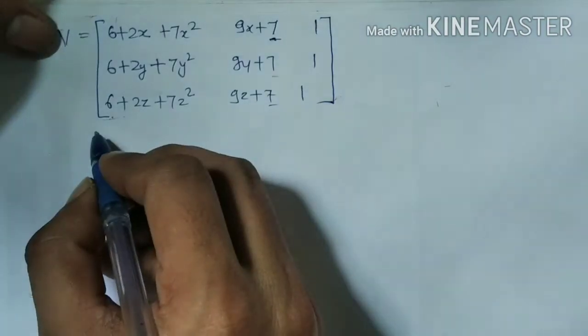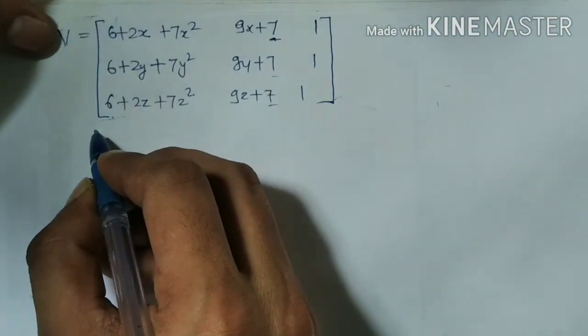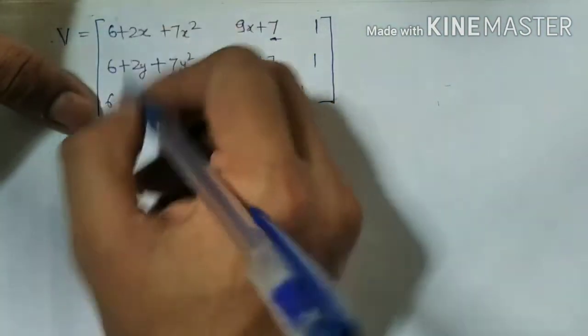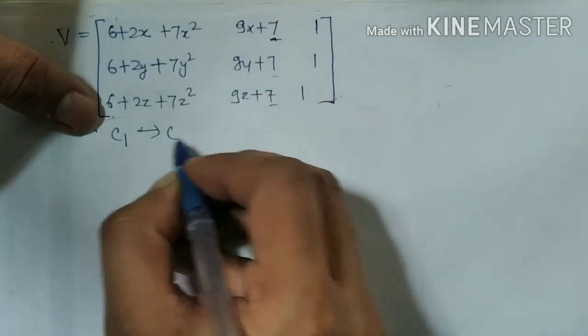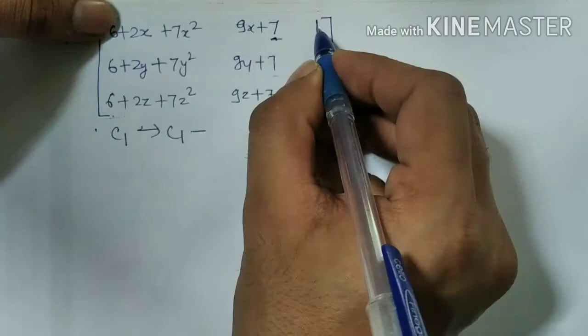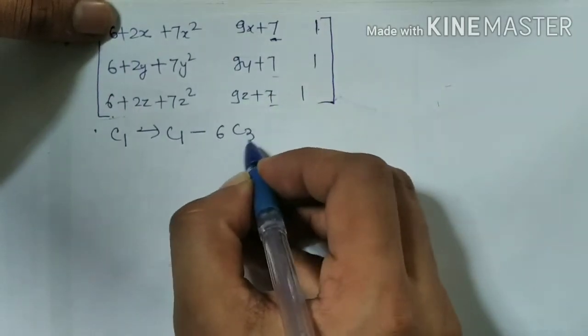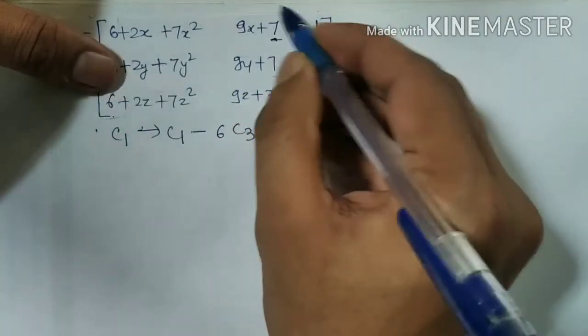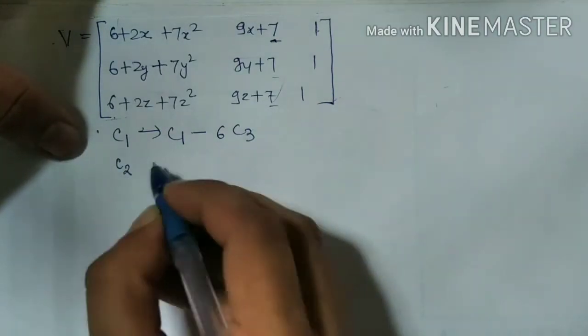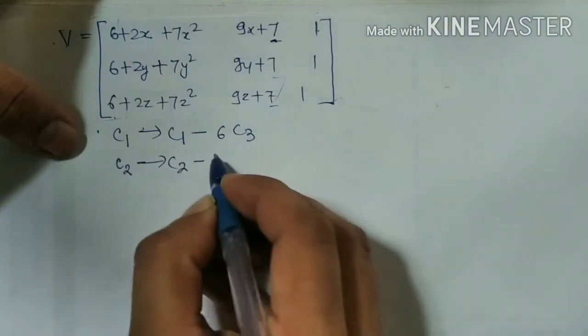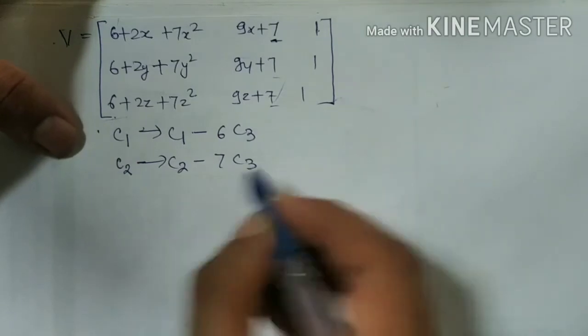What operations do I have to perform? In order to remove this 666, what operation do I have to perform? C1 minus 6 times C3. In order to eliminate this 7, I have to perform an operation on the second column. What is the operation? C2 minus 7 times C3.